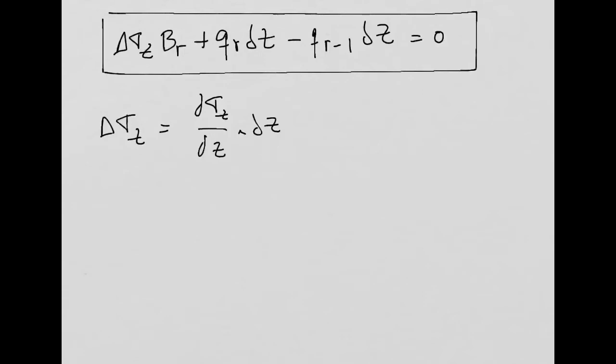A linear approximation. This comes from the Taylor series. You know this Taylor series, right? So we can say that the variation on the direct stress will be equal to the derivative of the direct stress with respect to the z coordinate times delta z, or an increment in the z coordinate.